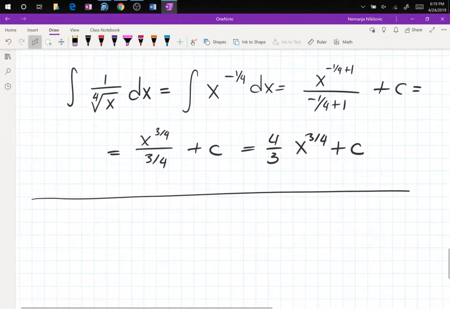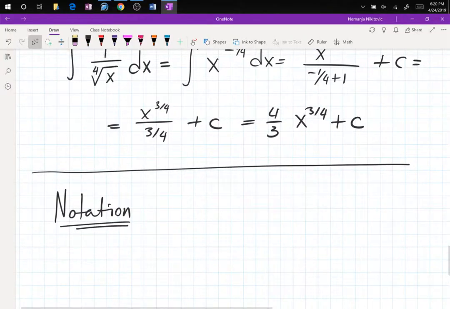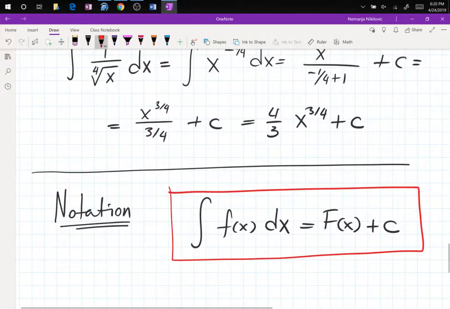Now, notation. Integral of f of x dx is equal to capital F of x plus c. If you don't have a red pen with you, use blood. I'm not joking.